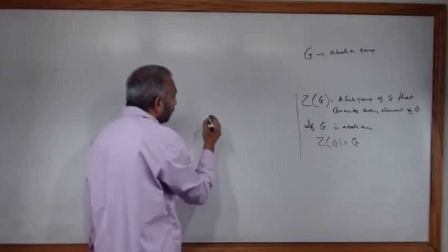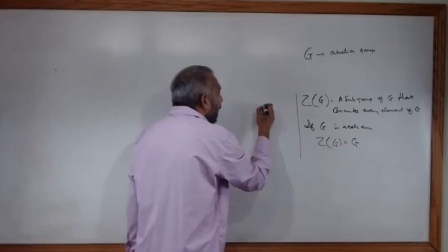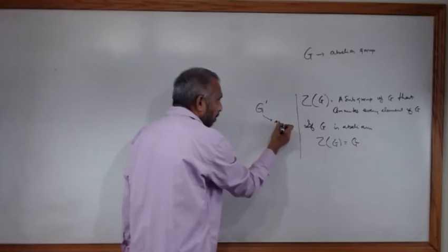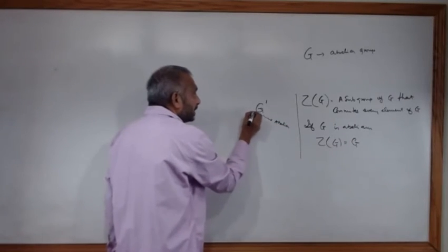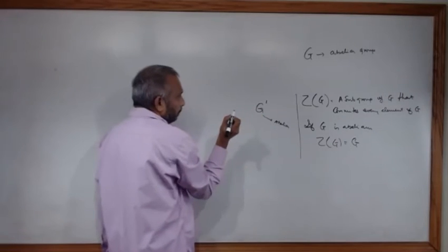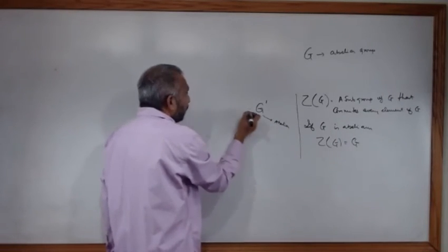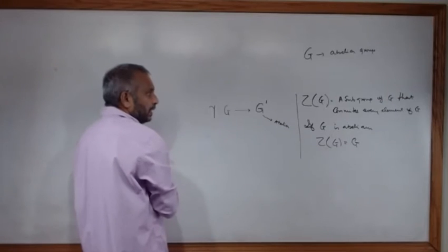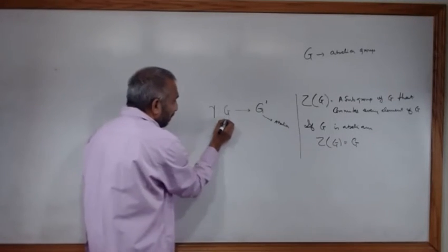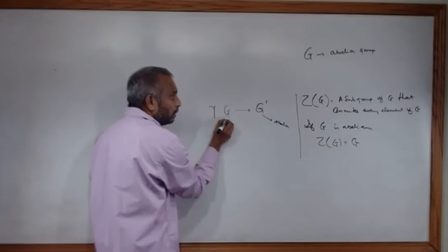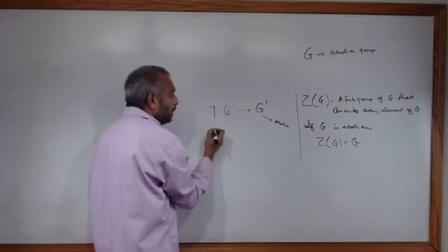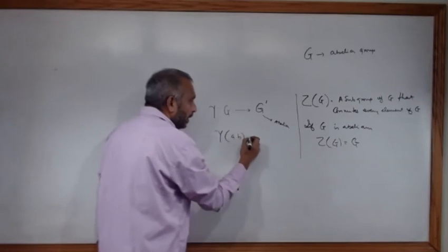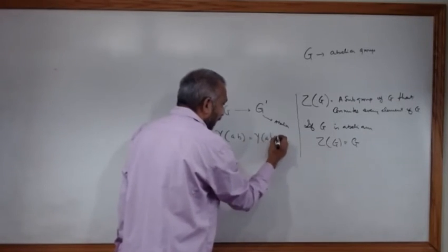For example, we are going to construct a group G' which is an abelian group, such that we can define a homomorphism gamma from G to G', so that even if G is non-abelian, we are making it abelian.